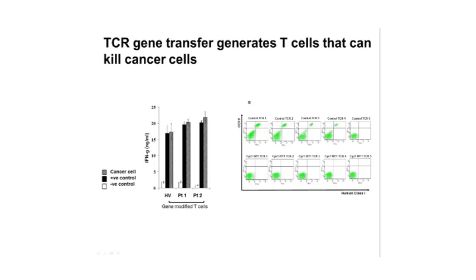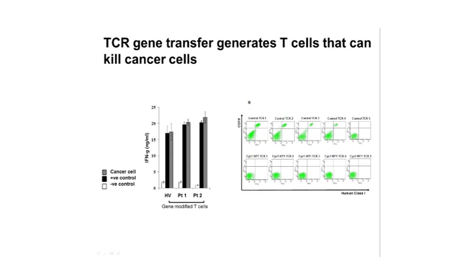And what you can see here is if you take some immune cells from some patients or some healthy volunteers, and you put into them the new T cell receptor using our gene therapy approach that I've described, and then you mix them up either with a cancer cell or with what we call a positive control cell, which is like a designer cancer cell, or a cell that we would expect our modified immune cells to ignore. You can see that our gene-modified immune cells can recognize the cancer cell, so they squirt out this interferon gamma. They can recognize the positive control cells, which are the dummy cancer cells, but they ignore the negative control cells.